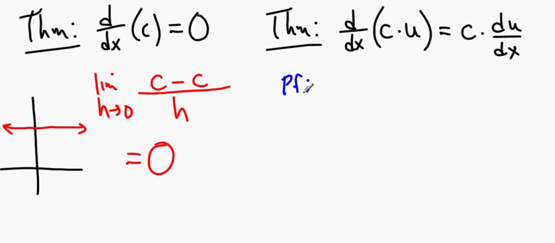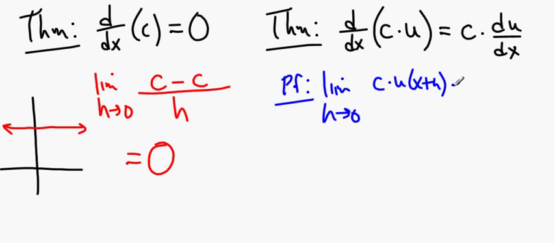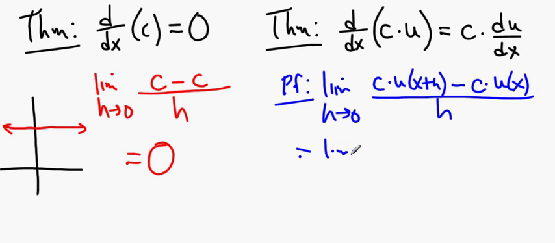If I want to prove it, I take the limit as h approaches 0 of our function at x plus h minus our function at x over h. And a little bit of algebra here in class. That's a u.